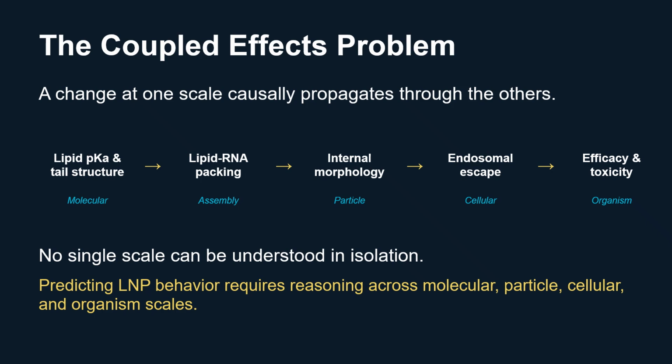Optimizing performance at one scale, such as high RNA encapsulation, does not guarantee success at another scale, such as endosomal escape. For this reason, single-scale models are insufficient. Predicting LNP behavior requires integrating features across molecular, particle, cellular, and organism scales.